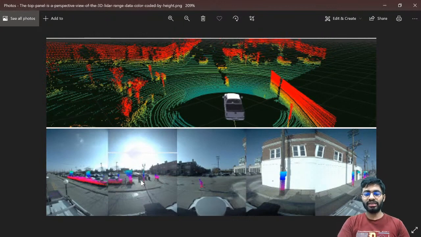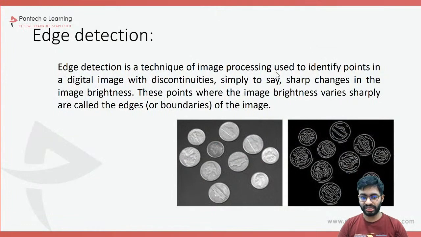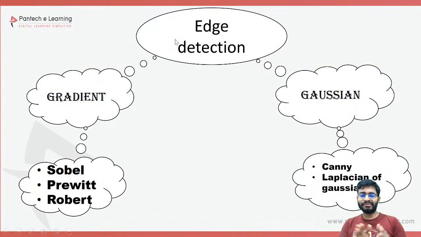Through that edge only we will be able to move further. For applying the edge, we have many types of edge detection, like two types of edge detection that we can display over there.